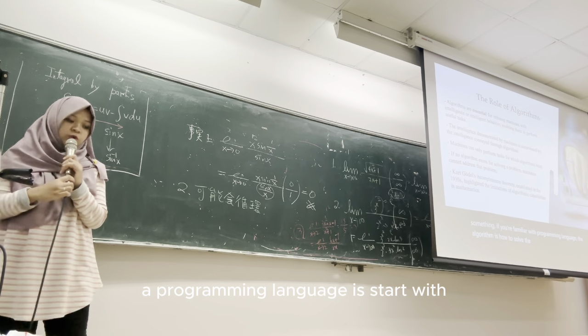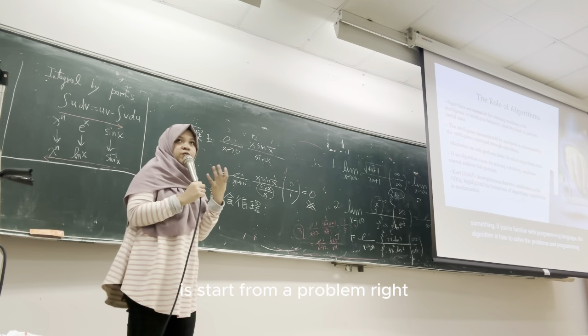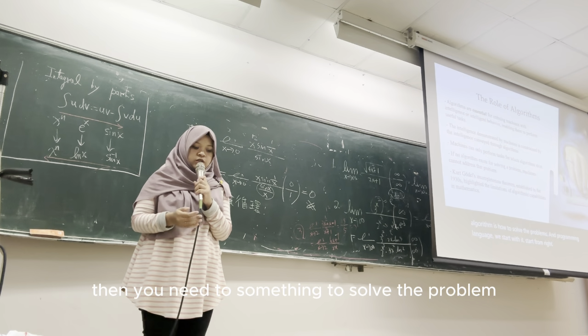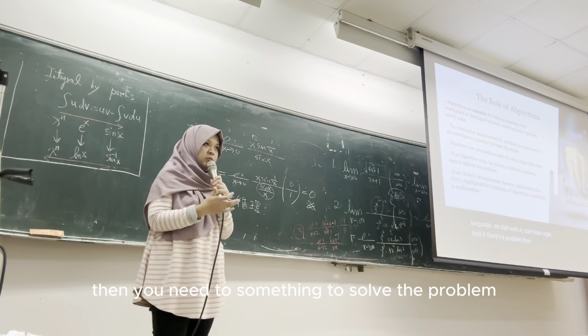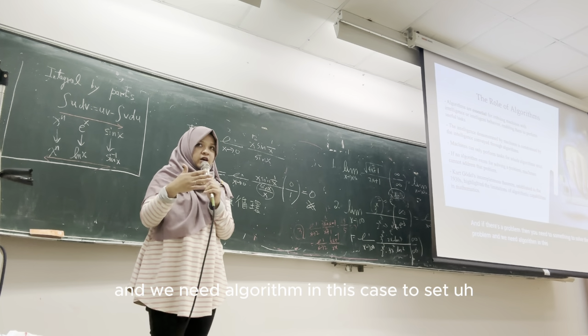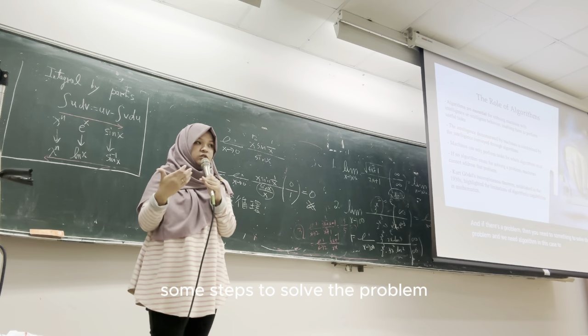And programming language starts from a problem, right? If there's a problem, then you need something to solve the problem. We need algorithm in this case to set some steps to solve the problem.